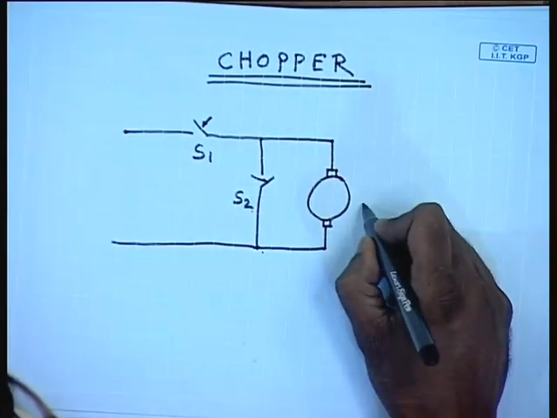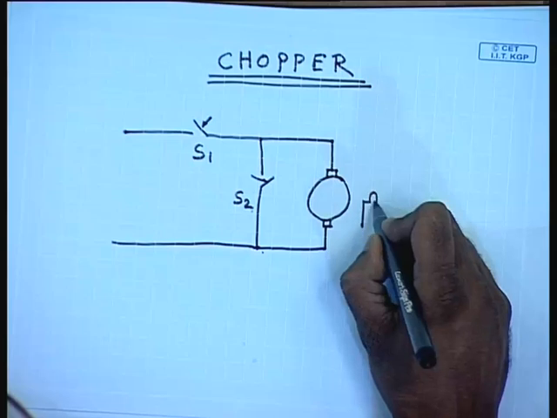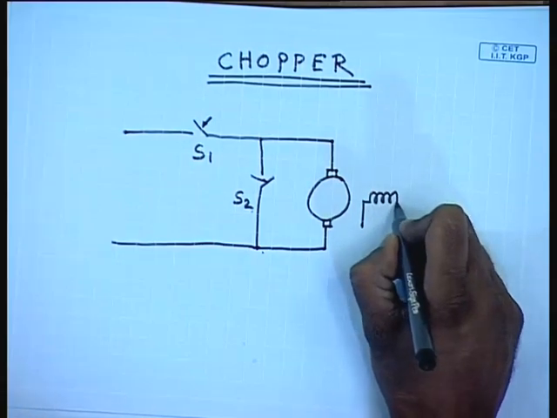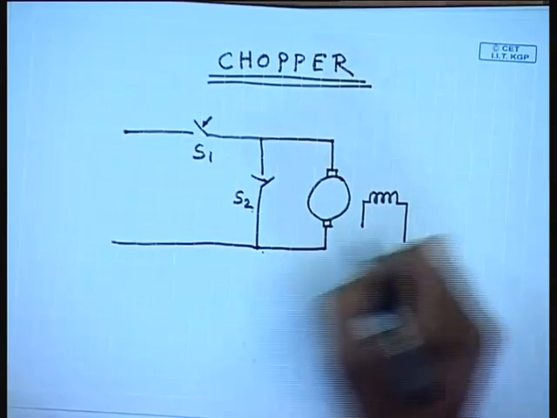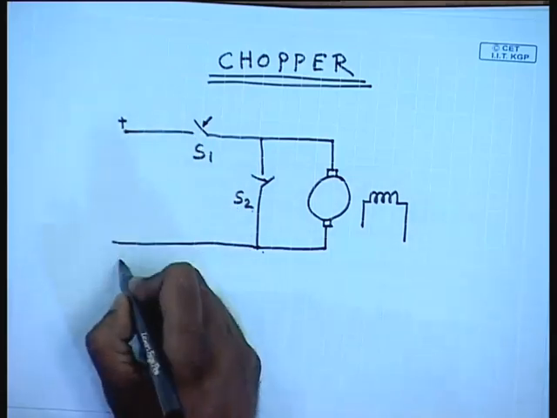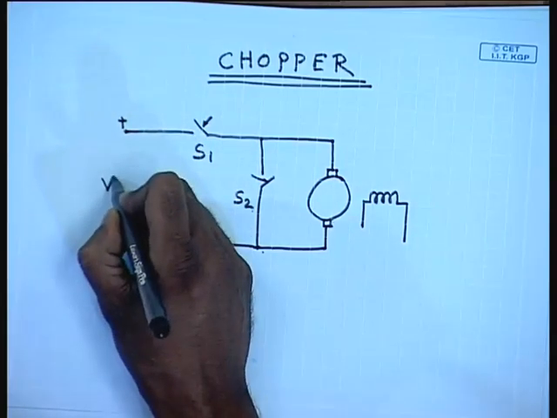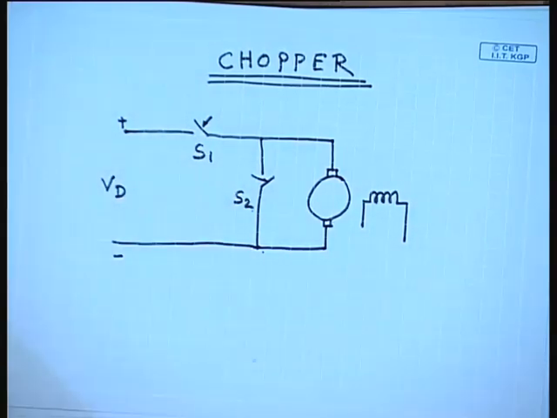The field is normally separately excited. So, let us say this is the input DC voltage.